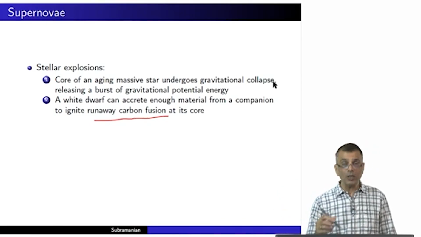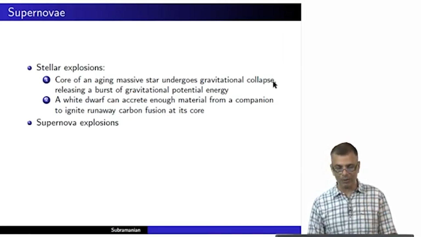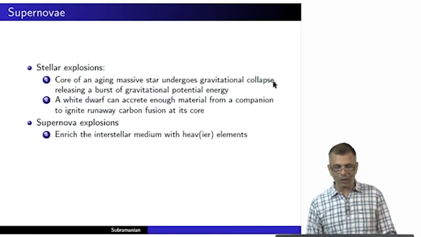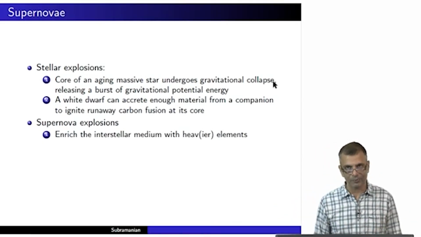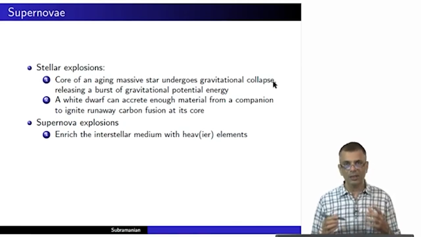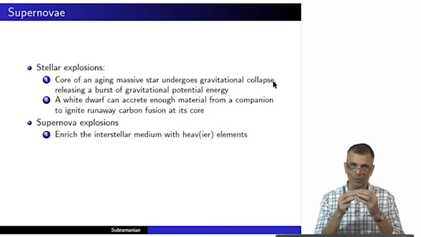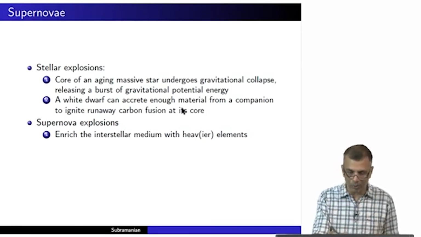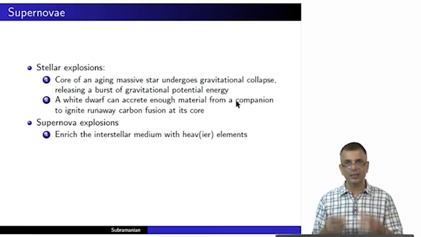Okay, and what's more, the carbon fusion is runaway. It's unstable. Okay, and so it results in a thermonuclear flash, and that is a supernova explosion. So what happens is at the very core, the runaway carbon fusion ignites a thermonuclear flash, and that is essentially the bomb-like explosion that we're talking about.